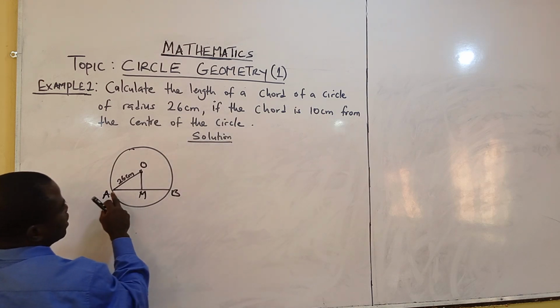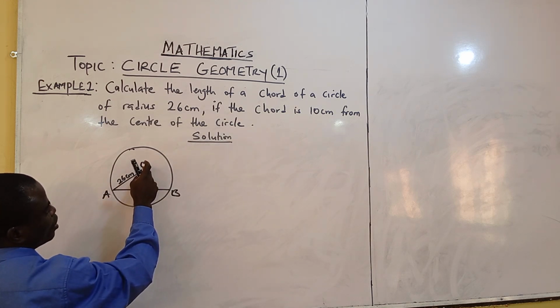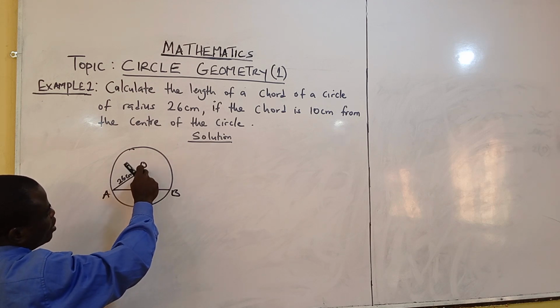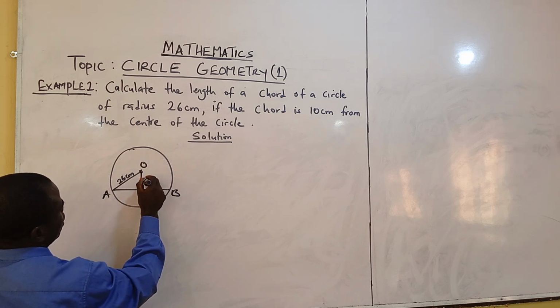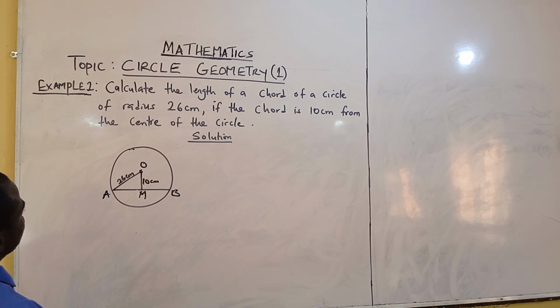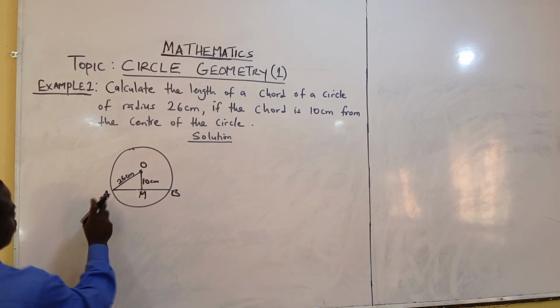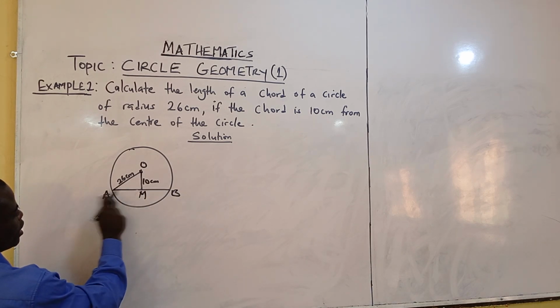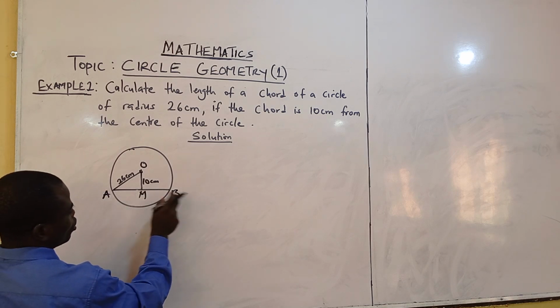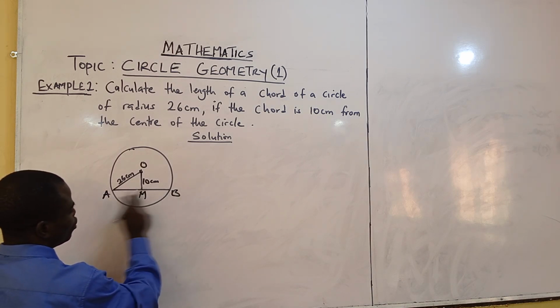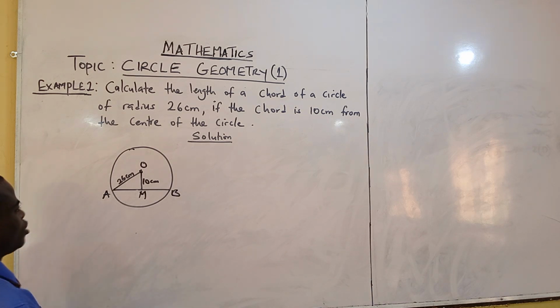This chord is 10 centimeter from the center of the circle. This is 10 centimeter. You have to calculate the length from here to here of the chord. If you're able to get AM, you multiply by 2, or you add the same value you got together to give you the length of the chord.